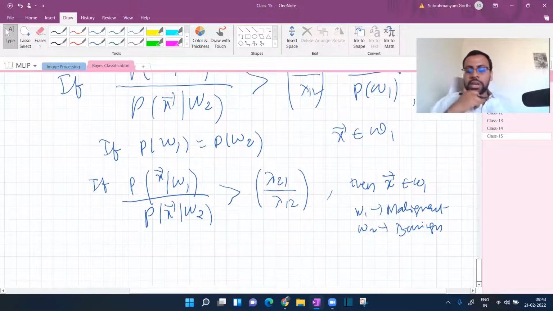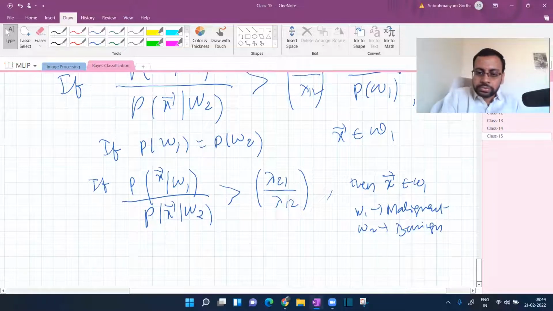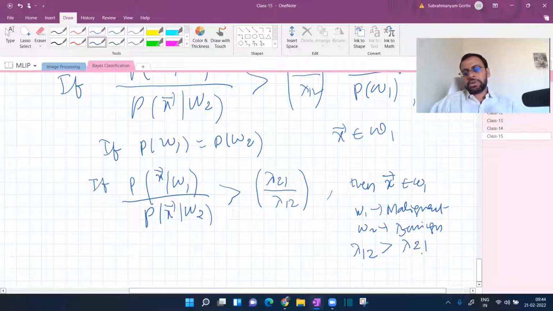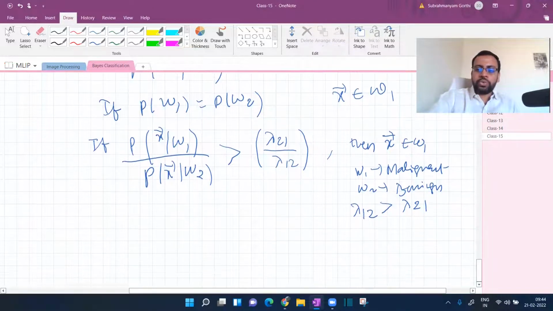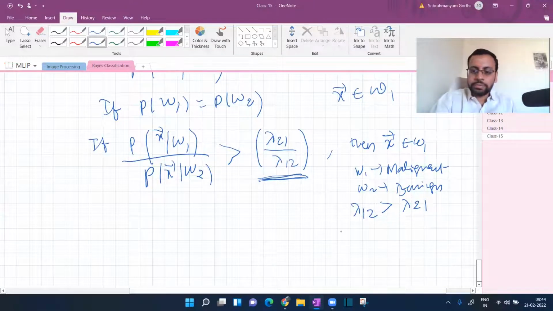So which one among lambda 2 1 and lambda 1 2 do you want to have a relatively high value? Lambda 1 2 should be greater, sir, because we want to penalize classification of malignant wrongly as benign. Very good. Then if lambda 1 2 is greater than lambda 2 1, what would happen to this value? Will it be greater than 1 or less than 1? Less than 1.